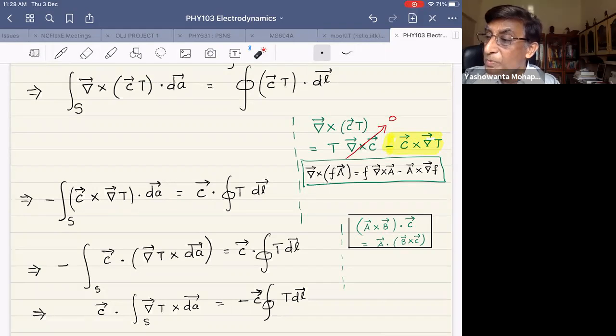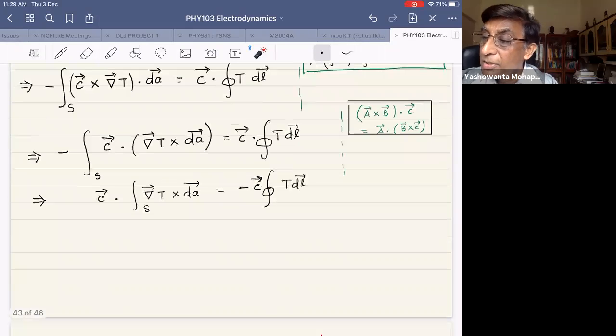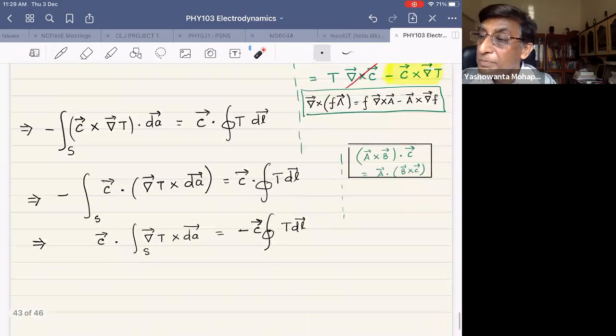I can always use A cross B dot C is A dot B cross C, then this becomes c dot grad T cross dA. So now both sides have a constant vector, and on the minus side I have taken this. So c dot this integral is equal to minus c dot the line integral of T dl. So obviously these two are equivalent, and hence we have proved the theorem.